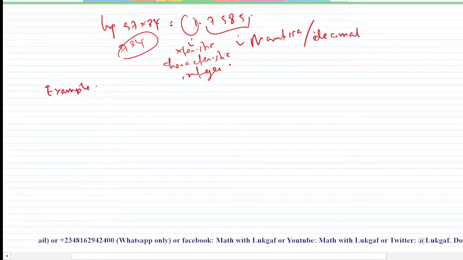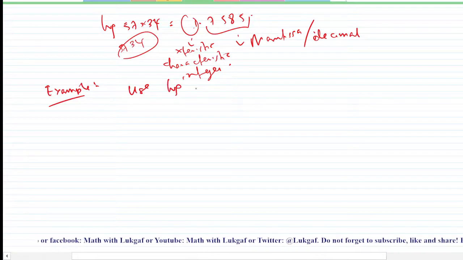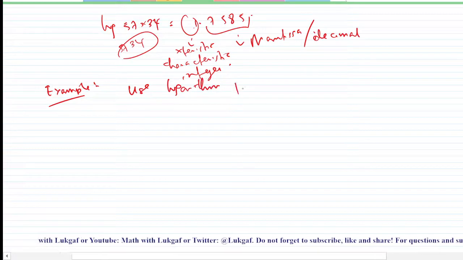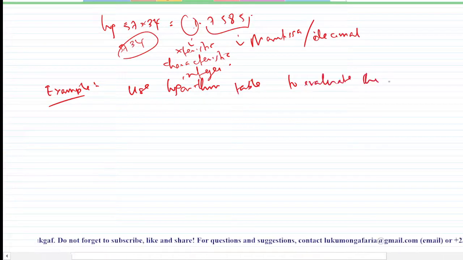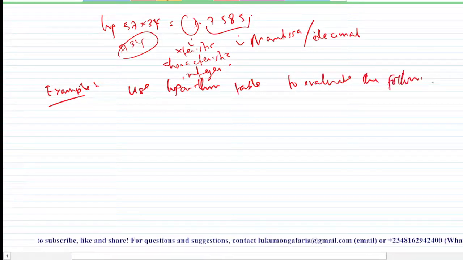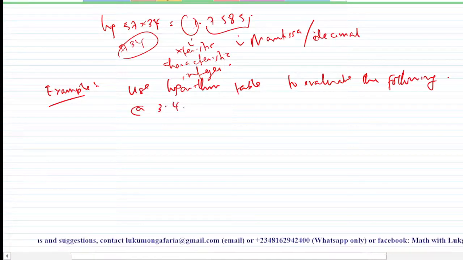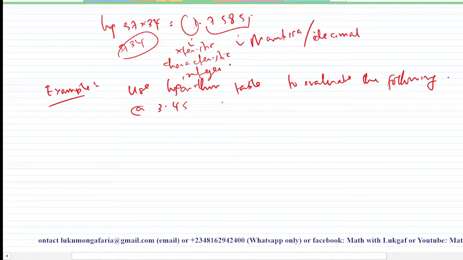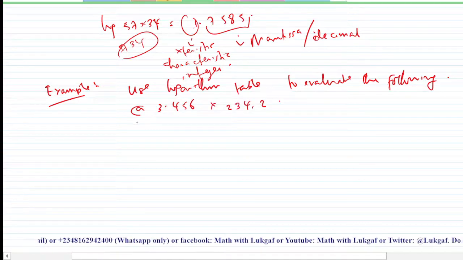Example: use the logarithm table to evaluate the following. Number 1, I have 3.456 multiplied by 234.2.